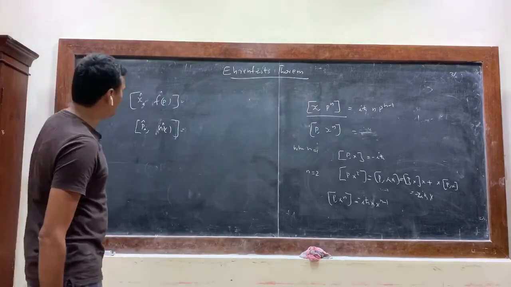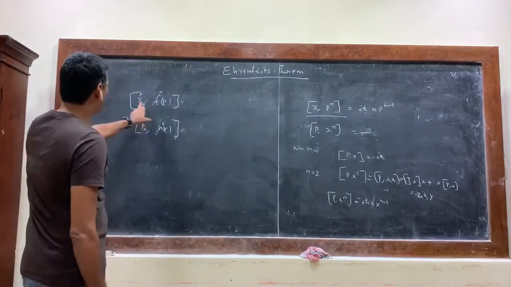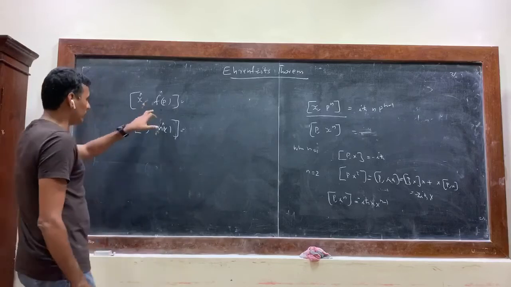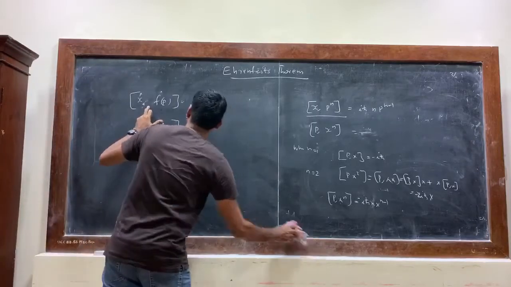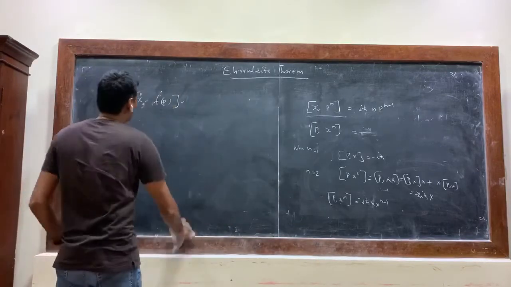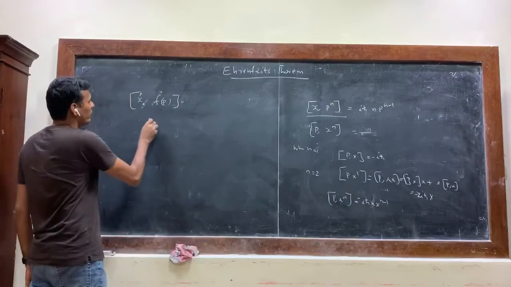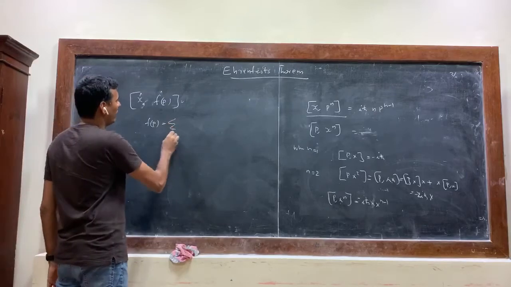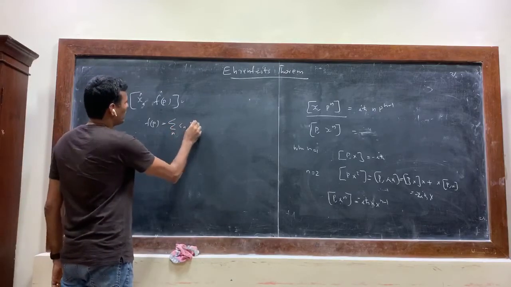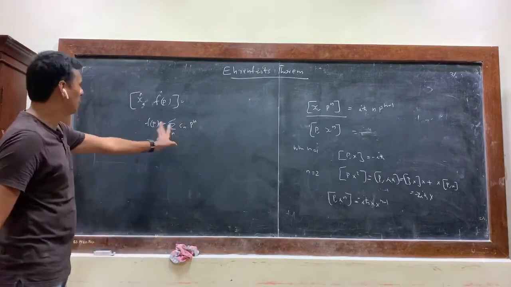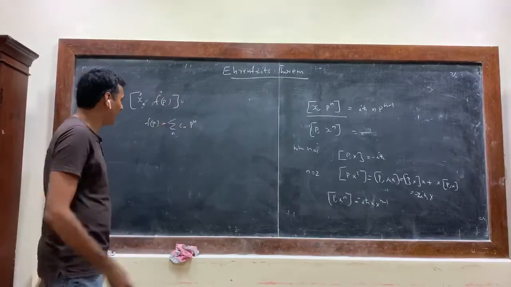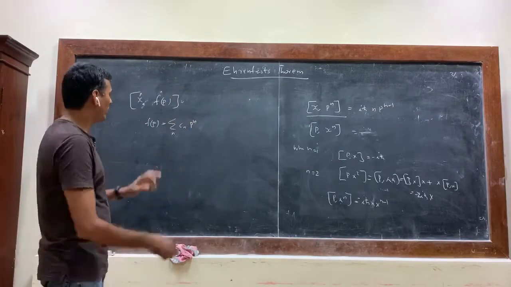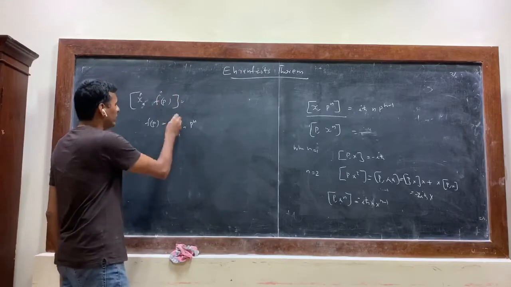Okay, so let's look at this expression. If you wanted to do this, let's suppose that this f of p can be written as a series, summation over n c_n p raised to n. Okay, you can write it as a series which involves positive powers of p, n is 1 to some infinity, whatever.